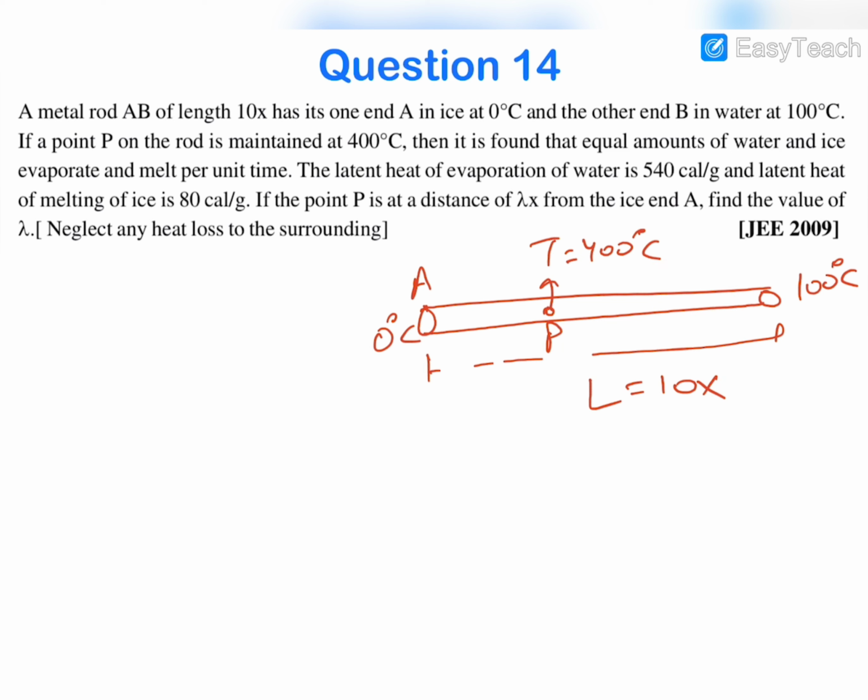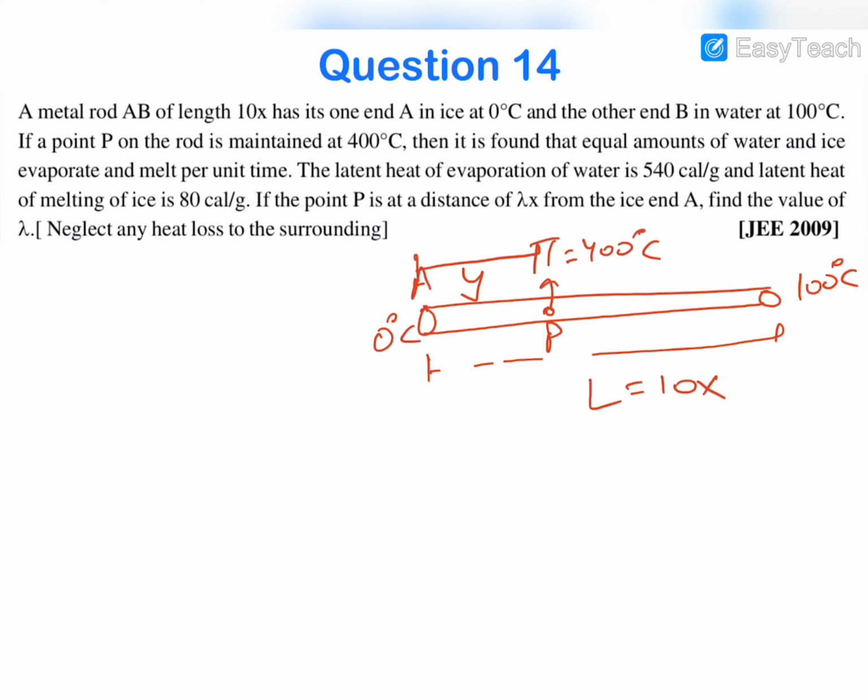It is found that if this point is maintained at this temperature, then the rate of evaporation of water and rate of melting of ice is same, and we have to find out the distance of this point P from this end. So let us suppose that this is y.